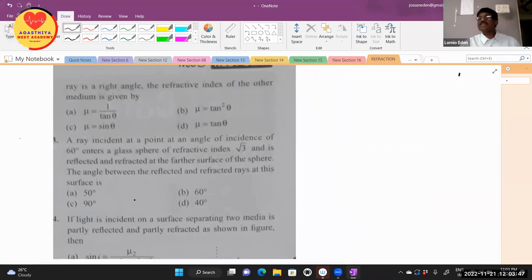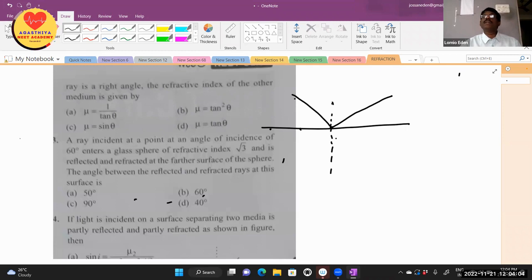How to find this? I draw the diagram. This is the incident ray. This incident ray is partially reflected and partially refracted. So let it be like this. This is the incident ray.